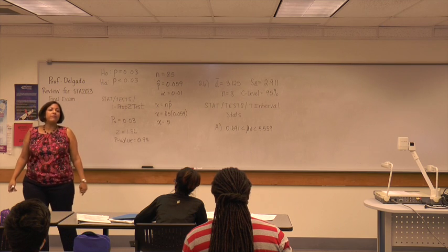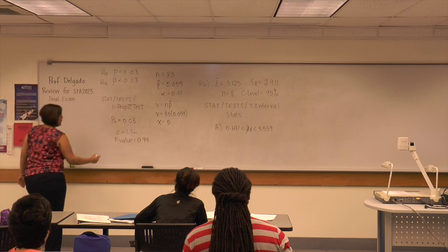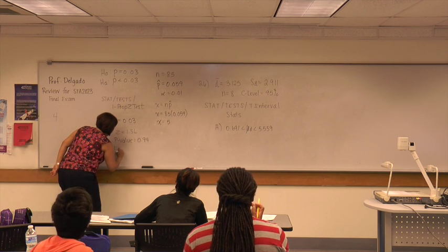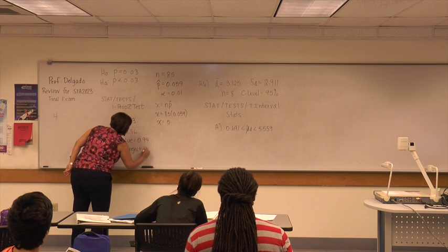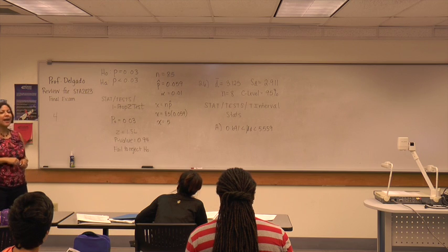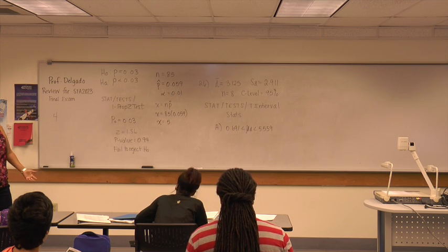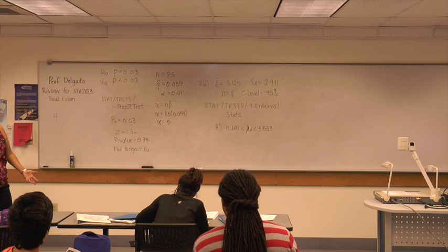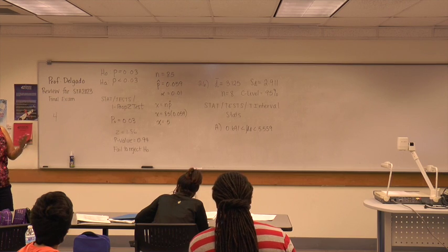So we failed to reject the null hypothesis. We do not have evidence against the claim that the population proportion is 3%. In other words, the manager is actually kind of right. This was part of expected fluctuation.